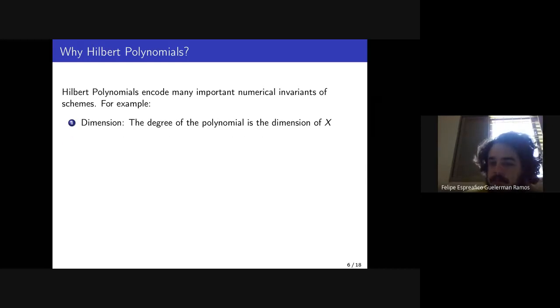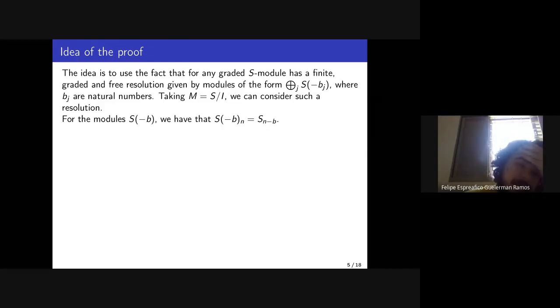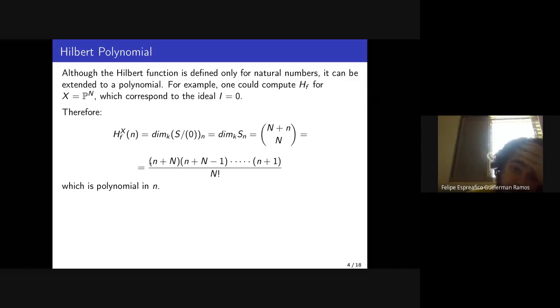Also the degree of the scheme is given by the leading term of the polynomial times the factorial. So if you consider this example here of P^n, you see that the dimension is exactly n, because we are multiplying n times.